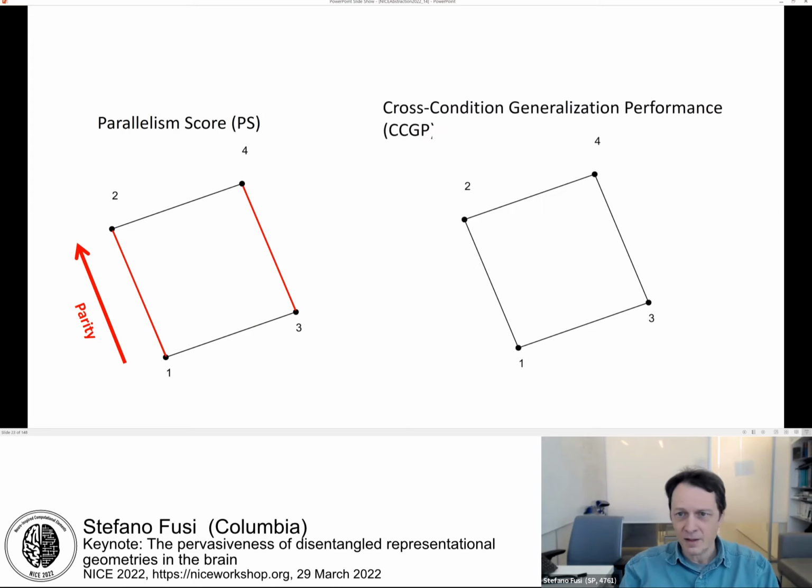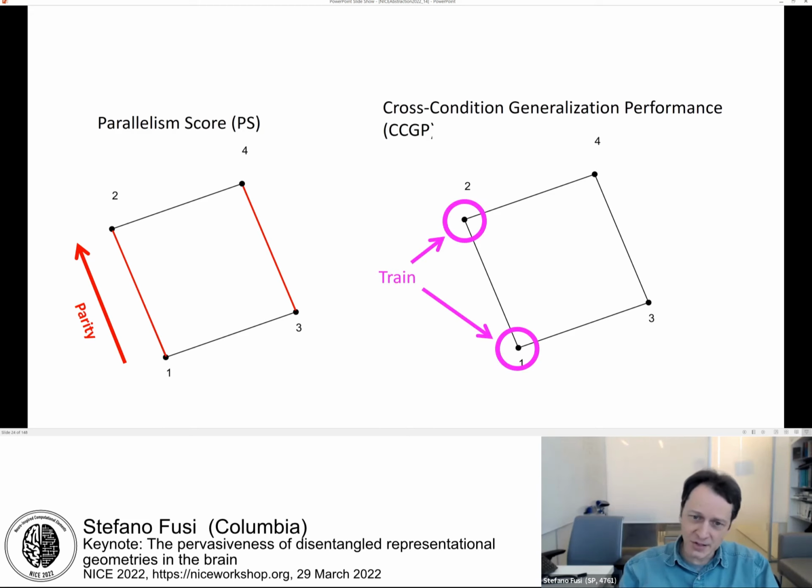Okay. So the second quantity that we use to characterize this representational geometry is what we call cross-condition generalization performance. And again, it's related to some computational properties of these representations, and in particular to something that I already mentioned. So for instance, let's say you train a linear decoder on a subset of conditions, in this case, only on the small digits, ones and twos. And you train it to report the parity of the digits, so whether it's odd or even.